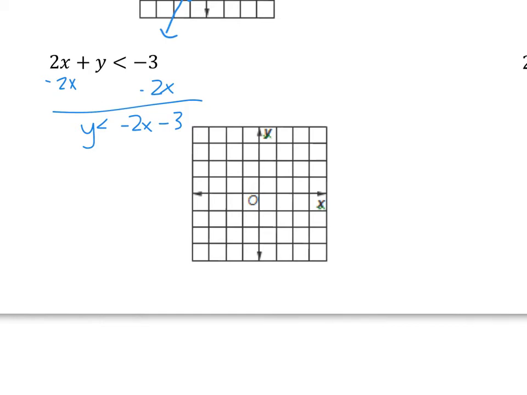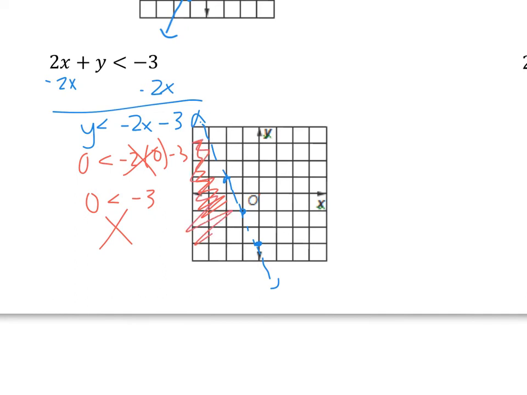I'll go down 3 on the y-intercept, and then down 2 over 1, or up 2 to the left 1. This is a less than symbol, so I need to do a dashed line. Then I'll plug in the point 0, 0, so I could say 0 less than negative 2 times 0 minus 3. Well, negative 2 times 0 is 0. Is 0 less than negative 3? No, it's not, so where 0, 0 is, I shade the other half. So the other half would be the solution to this inequality.